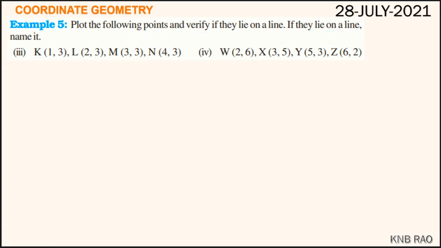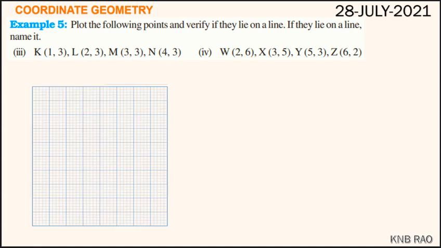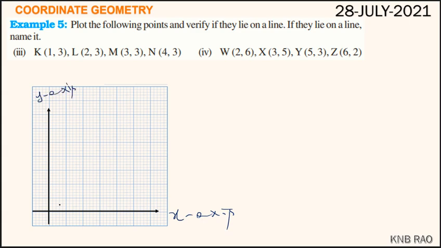Coming to the next question, the 4th one, we will first take the same Cartesian plane. A Cartesian plane means a graph sheet with both the x and y axes plotted on it. I have plotted both axes perpendicular to each other, labeled the numbers, and taken the origin.